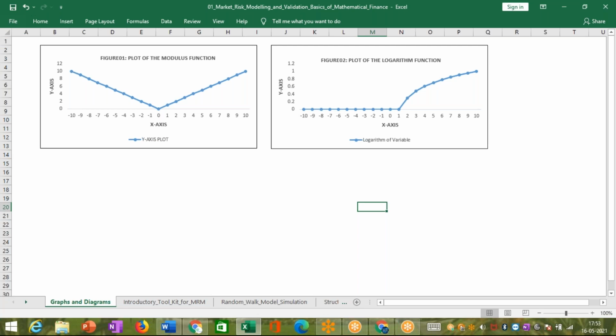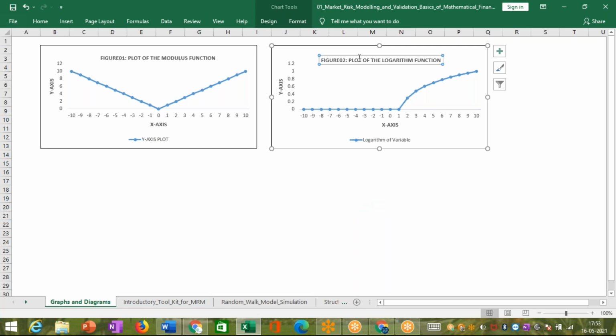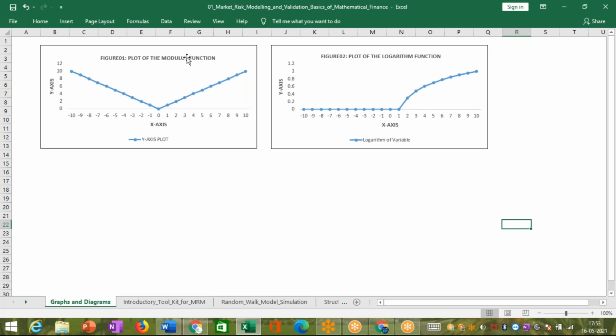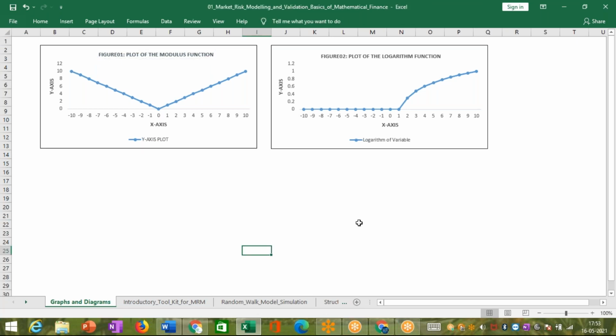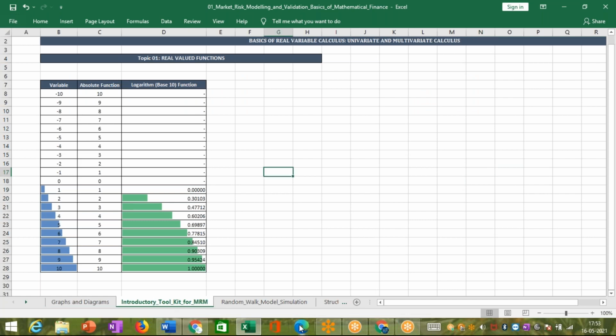So we'll talk about that part as well. We'll come to how this model specification would help in the model specifications.